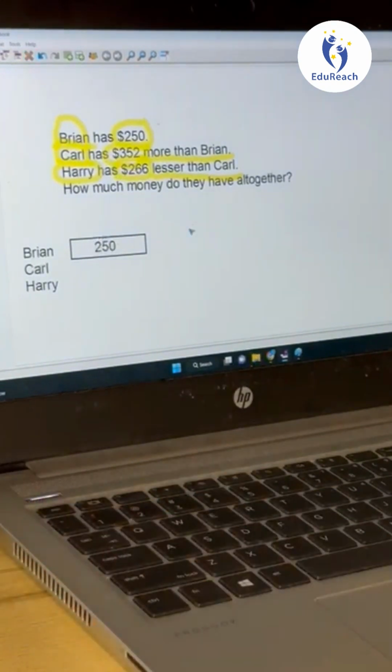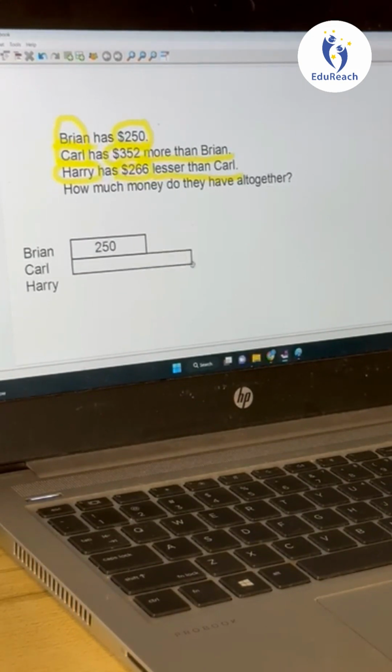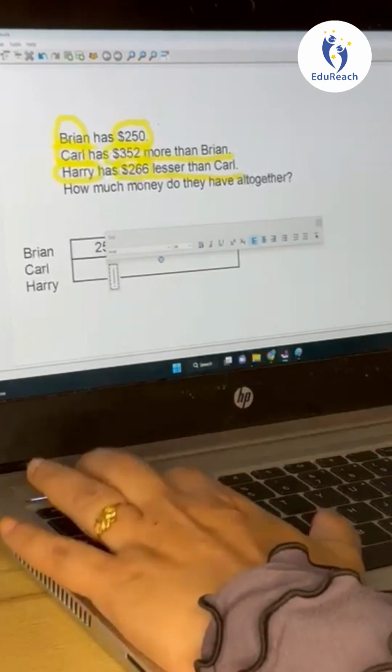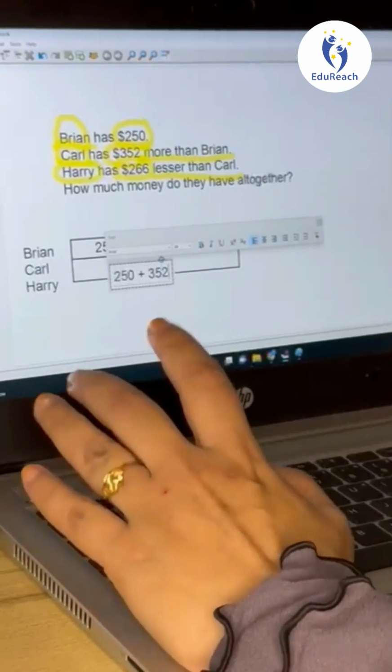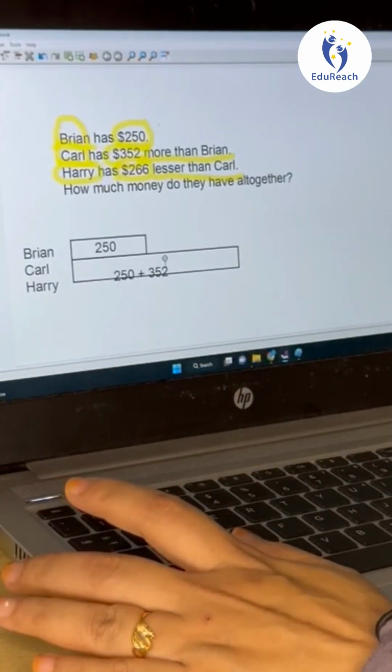So Brian has 250. Now we know Carl has 352 more than Brian. Let's now draw Carl. Carl has, starting from here, 250. But that's not enough for him, right? Because he has 352 more. So how much does Carl have? Now the typical kid will know it's actually 250 plus 352, right?